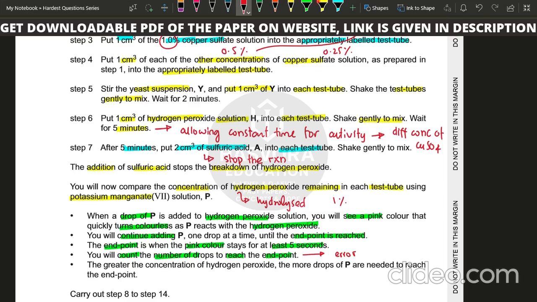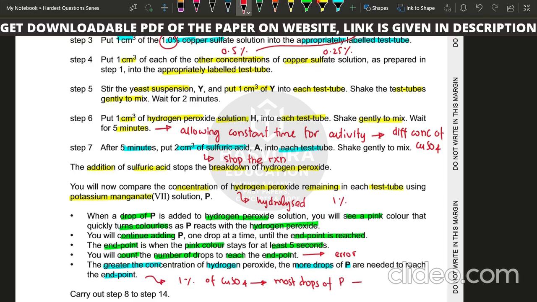Okay, now the examiner is telling you that the greater the concentration of hydrogen peroxide, the more drops of P are needed to reach the end point. So now you should have this in your mind, that if more drops of P mean that there is more hydrogen peroxide, this means that 1%, or the highest concentration of copper sulfate, will need the most drops of P. Why?